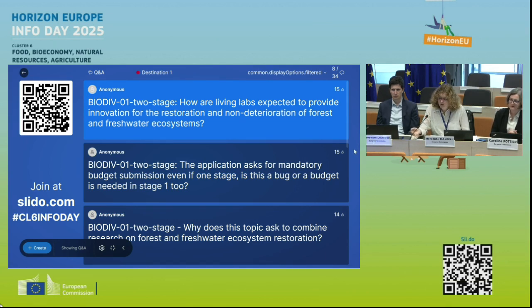So the idea is that they can help to develop bottom-up and actionable solutions for stakeholders that have to implement the restoration measures. And they should also be tested in collaboration across territories and sectors. And in the case of this topic, the interaction and synergies between the two targeted ecosystems, forest and freshwater, should also help to shed light on the best restoration measures to be taken and synergies, trade-offs and so on. So this is the idea.